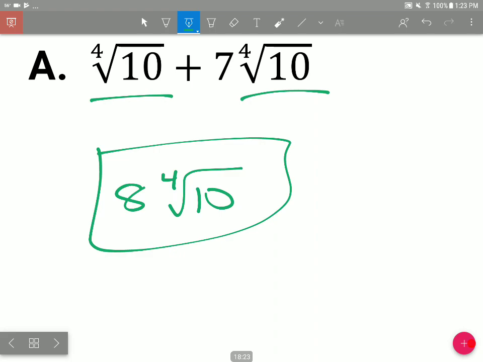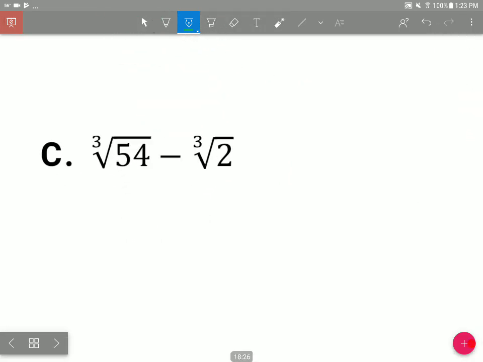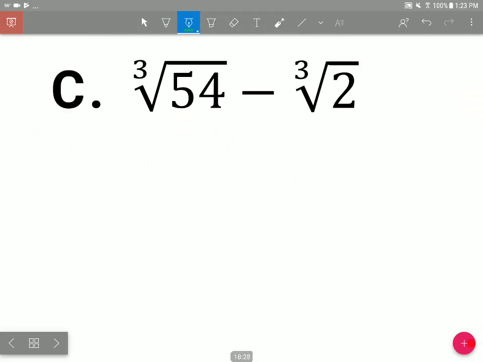All right, letter C. Can I combine those two? No. But can I reduce the 54? Yeah. Okay, so we're going to divide these by what? Perfect squares, perfect thirds, perfect fourths, perfect thirds. Okay, so try 4 to the 3rd. If that doesn't work, try 3 to the 3rd.